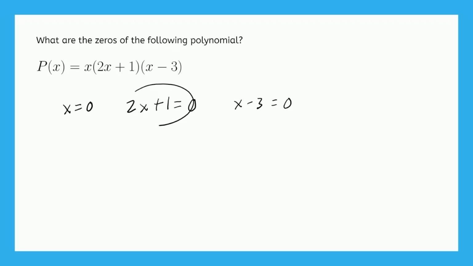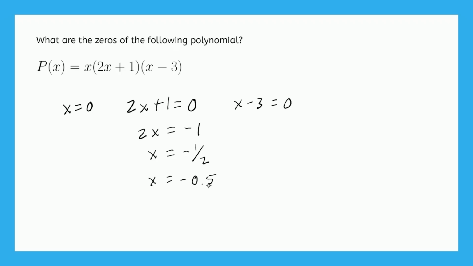So here we're going to go plus 1 on, I should say minus 1 on both sides because it's a positive 1 here. So minus 1, we get 2x on the left, and then 0 minus 1 is negative 1. Divide by 2, we get x is equal to negative 1/2, or you could say negative 0.5 is the value of x.